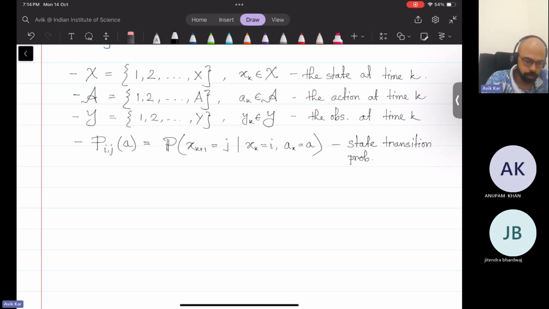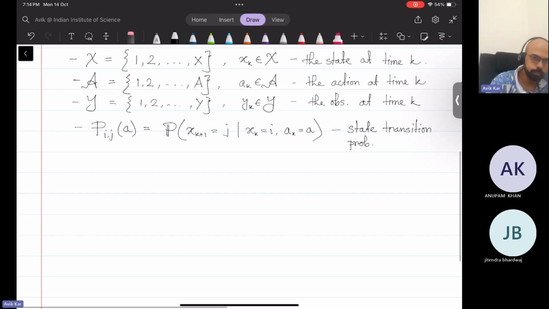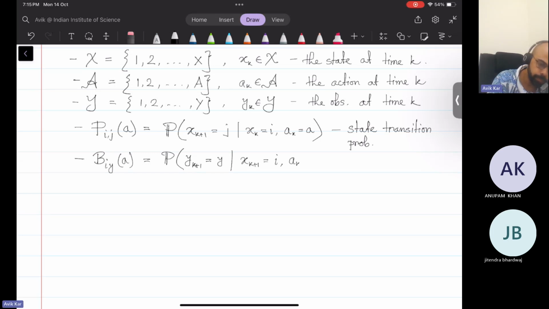And there is something called the observation distribution. That is denoted by B(i, y, a), which is basically the probability that yk+1 is small y, given xk+1 is i and ak is a.